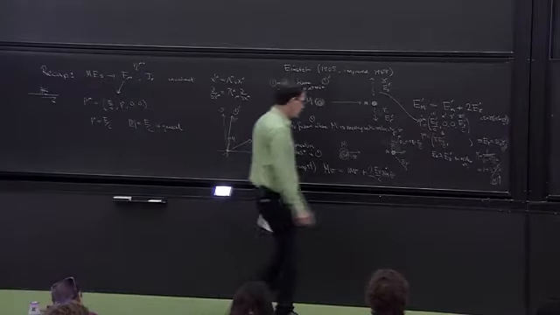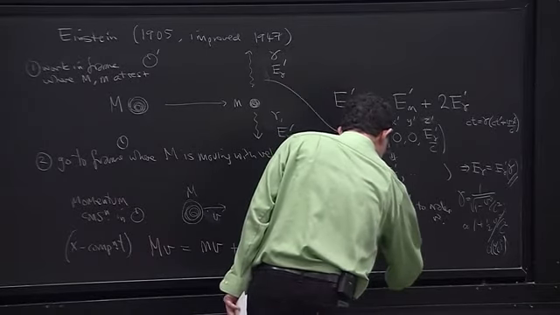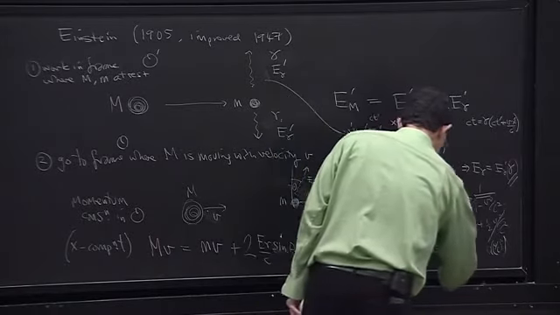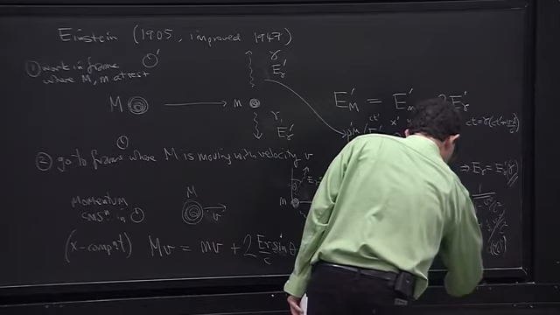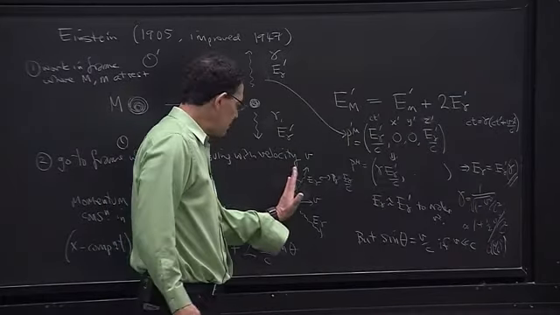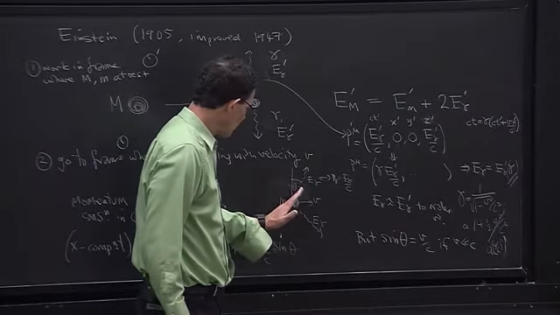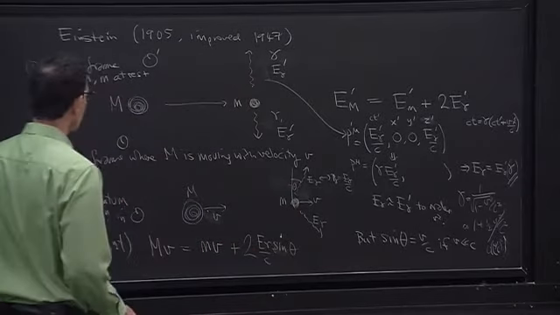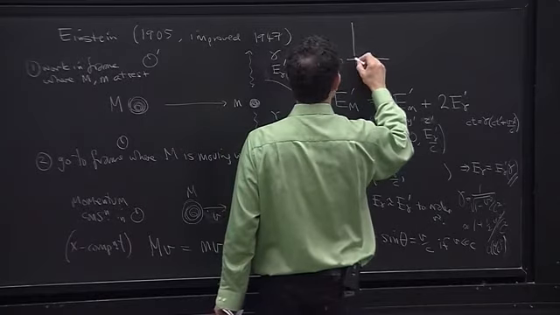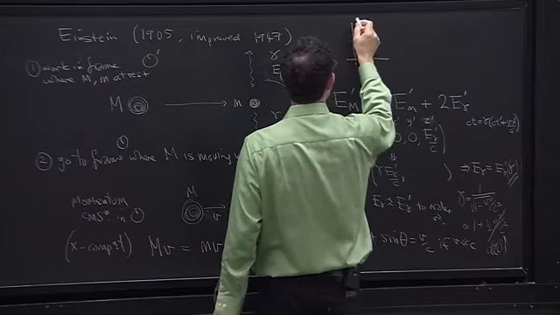Okay, so what is sine theta? Well, sine theta is just v over c, if v is much less than c. Okay, so why is that? Well, basically I have this picture where the photon is going here.